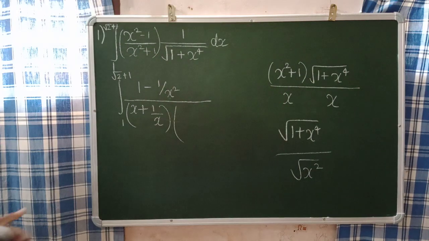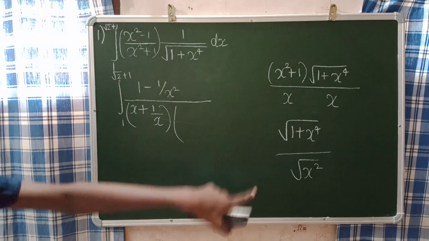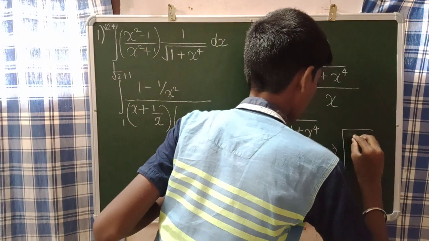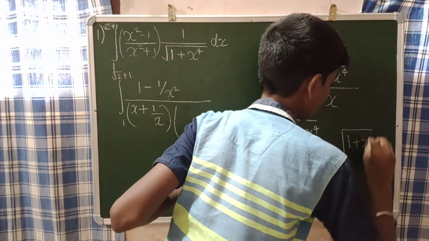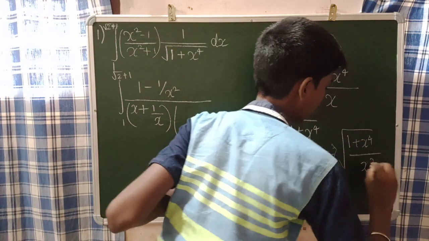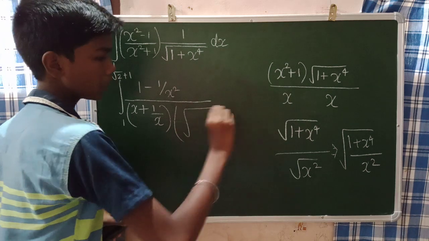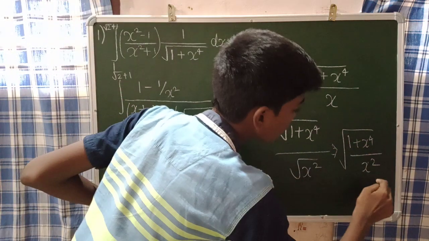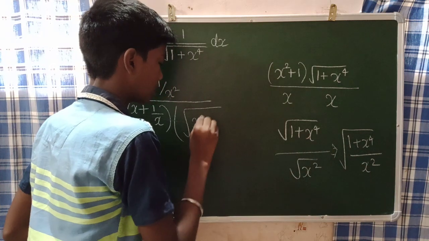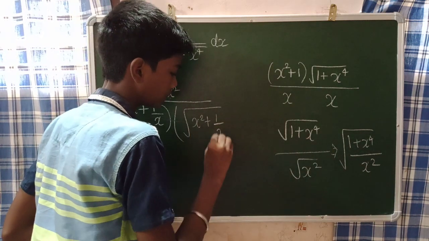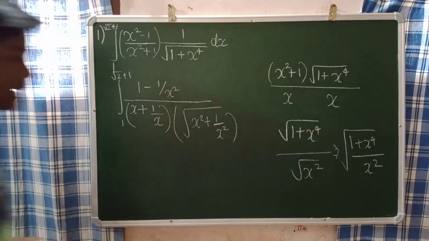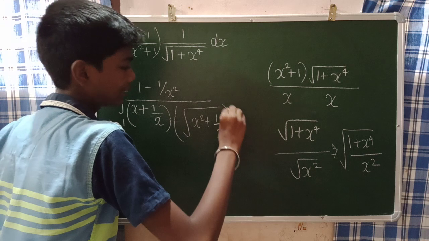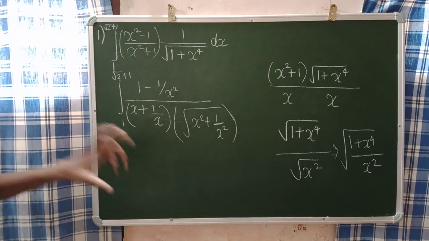So the same root can be written as root of (1 plus x power 4) divided by x square. So x power 4 divided by x square is x square, then plus 1 by x square. That's all. Can't I write the denominator in this particular form when you divide by x square?